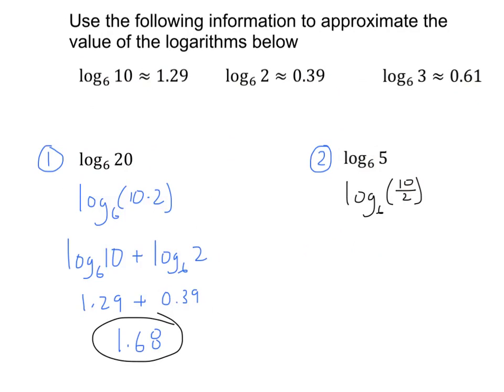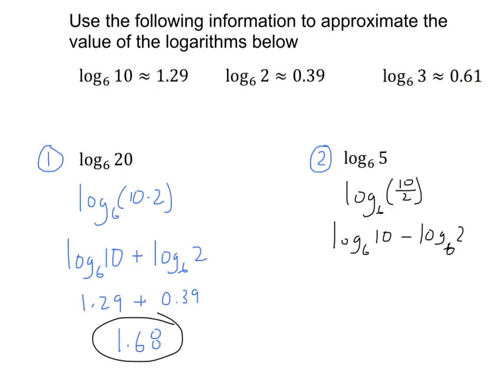Now our properties come in handy again, because if I have a quotient, I can rewrite this as a subtraction of two logs: log base 6 of 10 minus log base 6 of 2. Again, now I can use the facts I've been given.